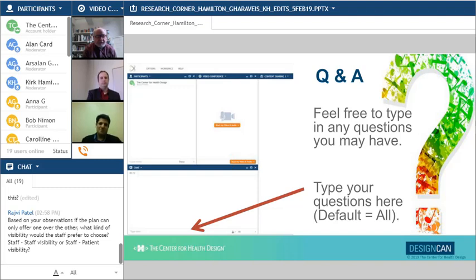Therefore, the ability for the staff to continually see the patients, I think that's understood as the most important, and the comments you get about staff simply mean that they had already assumed that they had to see their patients in order to take care of them. Good question, Rajvi. For future studies. Good question, Rajvi. Yeah.